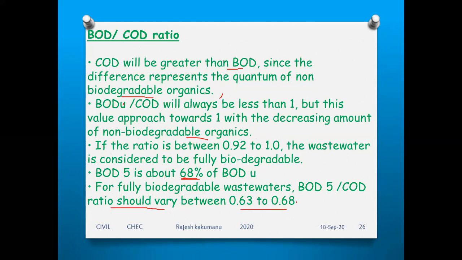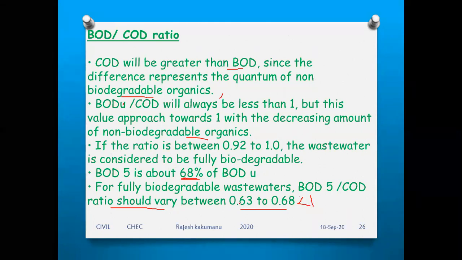So it should be less than 1. Thereby the range of the BOD by COD ratio is between 0.63 and 0.68.